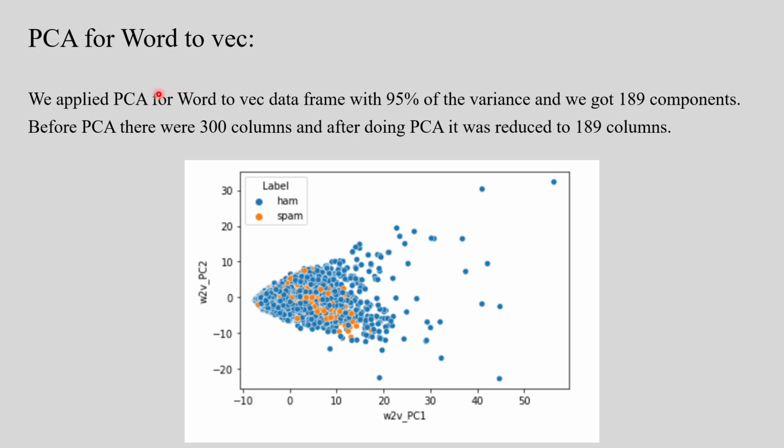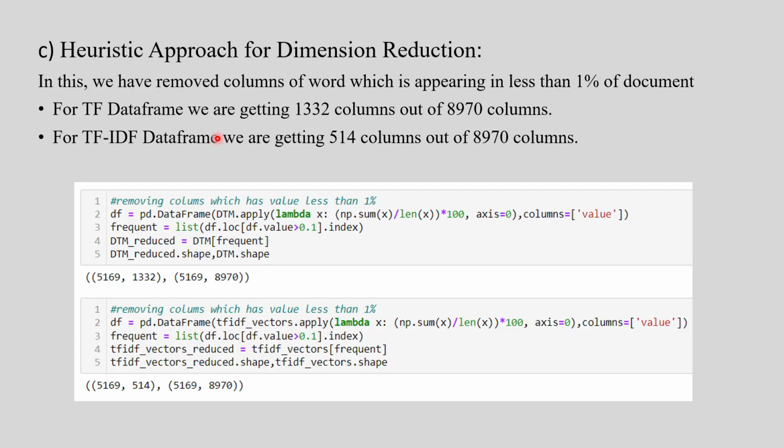Coming to PCA on word2vec with 95% of variance, before PCA we have 300 columns. After it, it reduced to 189 columns. Coming to the heuristic approach for dimension reduction, the heuristic approach means we will get simpler results. That's why we did the heuristic approach.